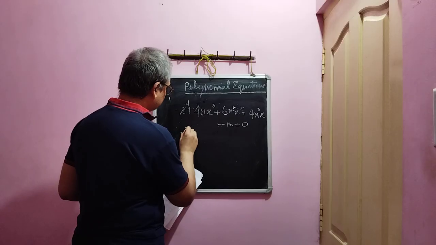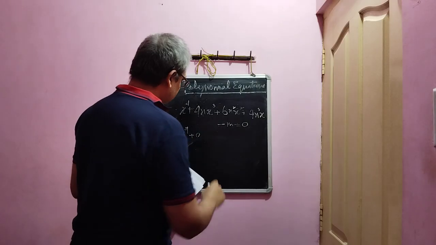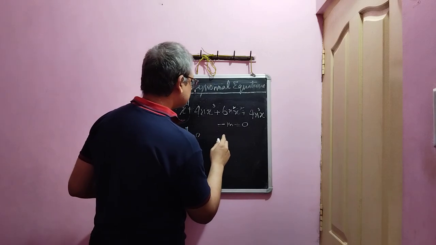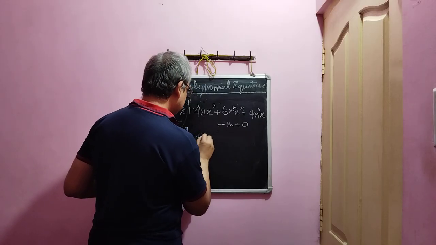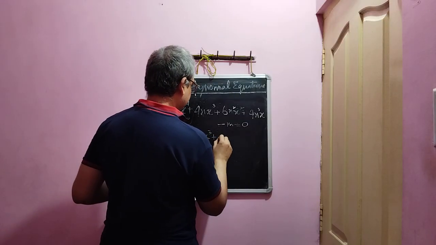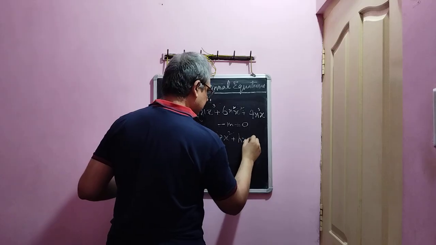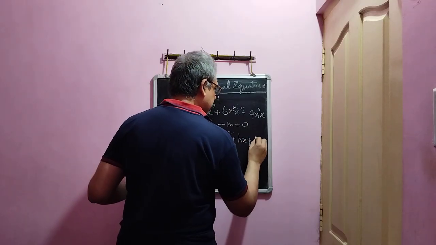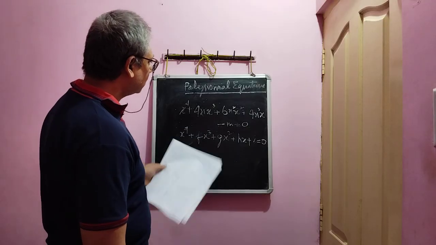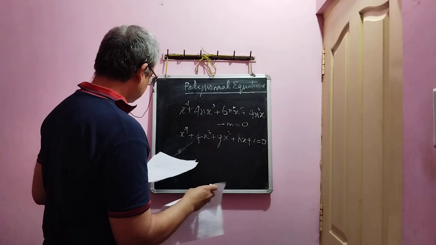The general form of this would be x power 4 plus f times x cube plus g times x square plus h times x plus i is equal to 0.